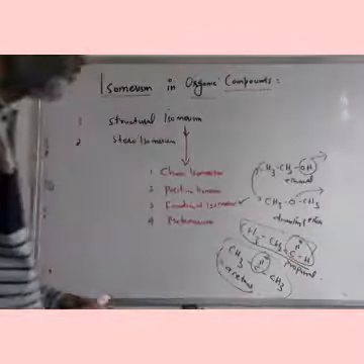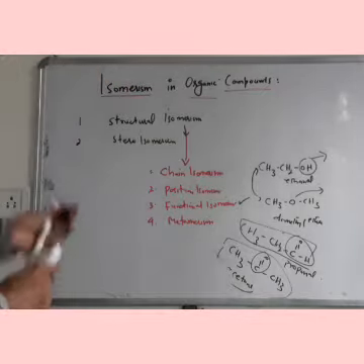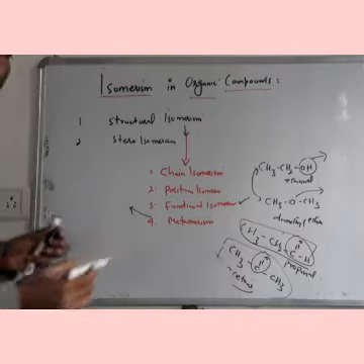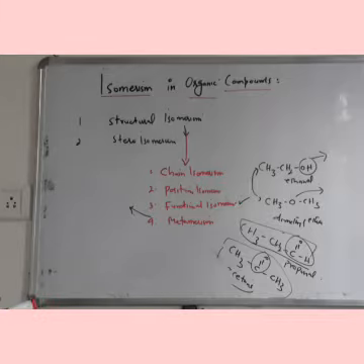Now we have one more type of structural isomerism, that is metamerism. So what is metamerism? Metamerism is also a type of structural isomerism.